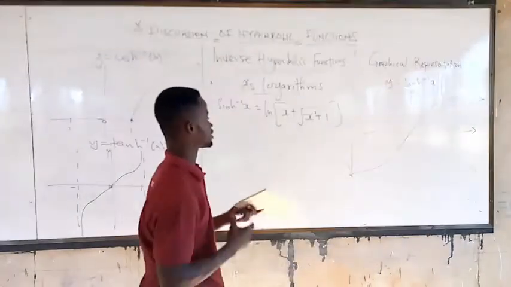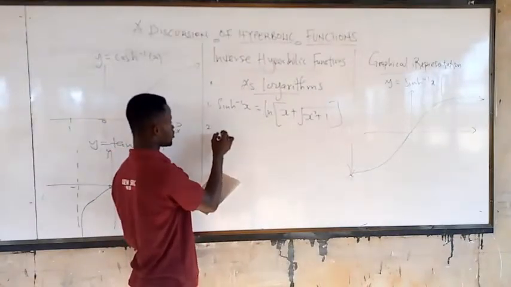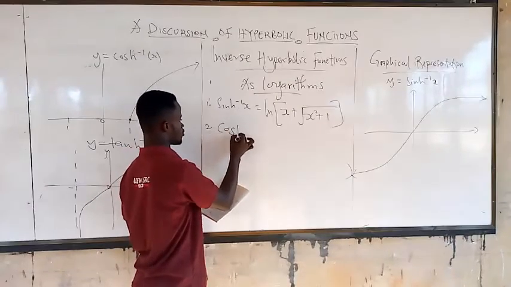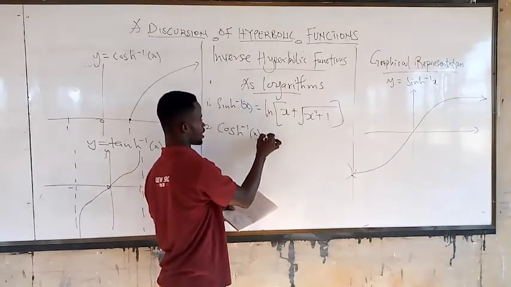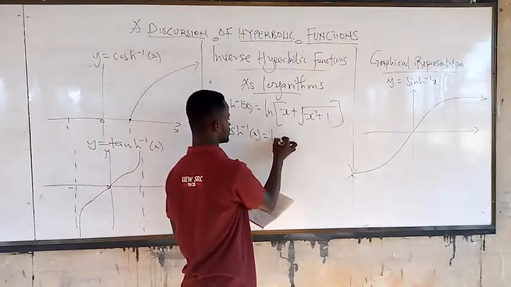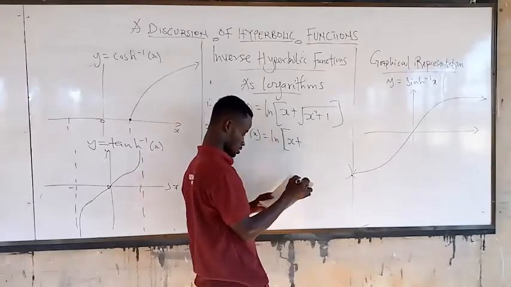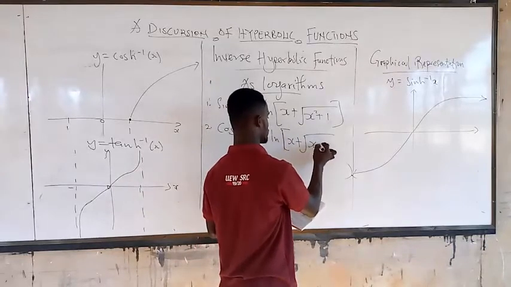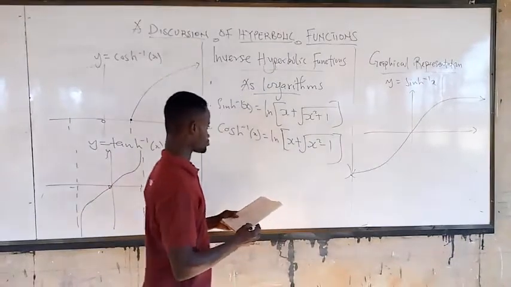We have cosh inverse of s is equal to the ln of s plus square root of s squared minus 1.